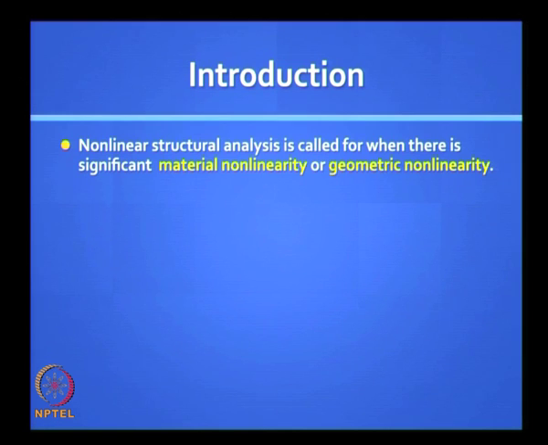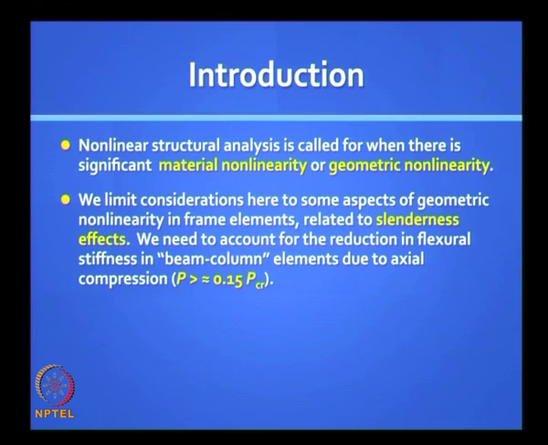Once you have the E value of the material, we can go ahead with our analysis. So nonlinear structural analysis is called for when there is significant material nonlinearity or geometric nonlinearity. In this module we limit considerations to aspects of geometric nonlinearity in frame elements, and this is related to slenderness effects.